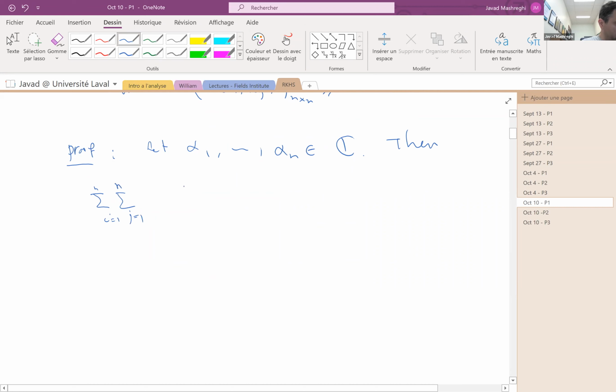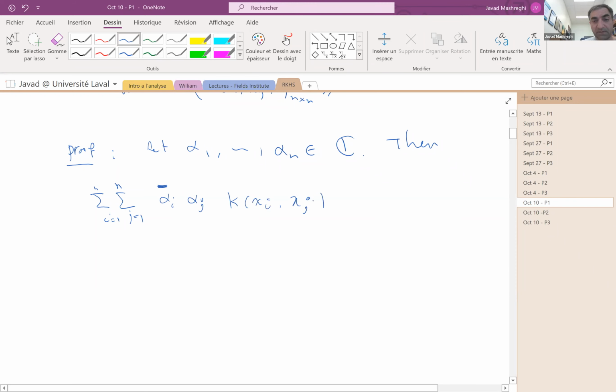Here you need to write alpha i, alpha j and put the conjugate on one of them. Some books put it on alpha i, some on alpha j. It really doesn't matter. To get a nicer formula, I put it on alpha i first here, and then K at xi and xj.